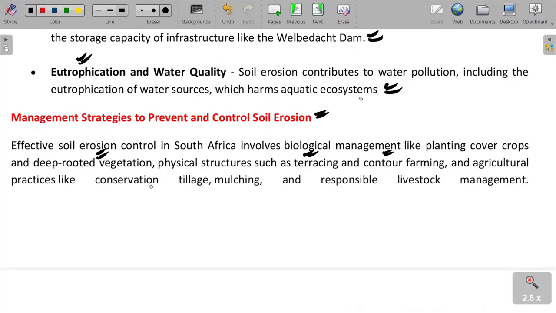Agricultural practices such as conservation tillage, mulching, covering our lands, and responsible livestock management are also prevention and control measures.